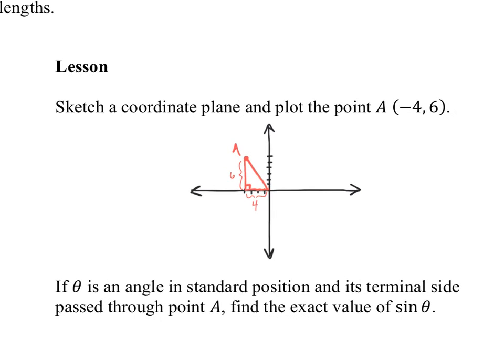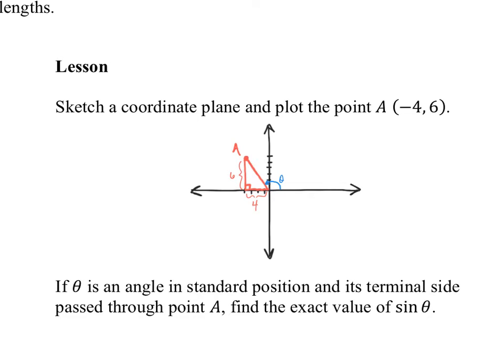So if theta is an angle in standard position, we need to find the exact value of sine of theta. And so here's what that means. Theta is this angle. An angle in standard position is always made from the positive x-axis right here. We always start from there, and we always start moving counterclockwise. So this is theta, and I want to find sine of theta.